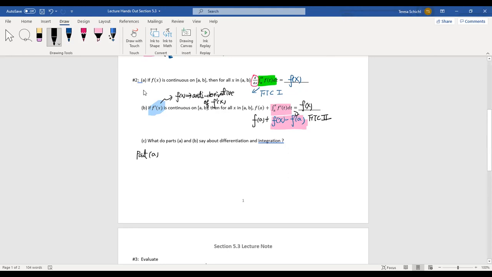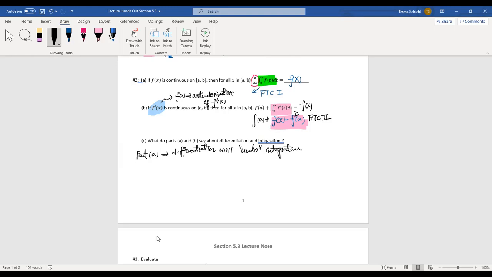So basically, part A says differentiation will undo the integration part. You integrate, then you take the derivative. So that's why differentiation will undo the integration, and gives you f of x here.